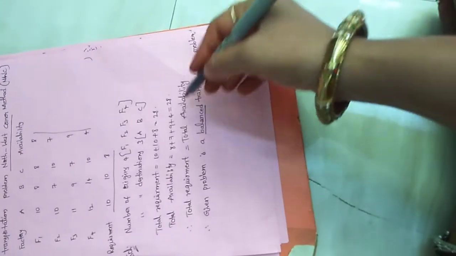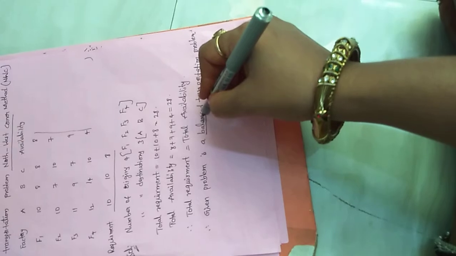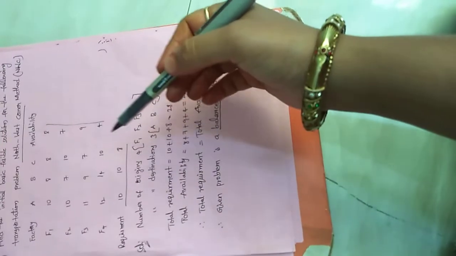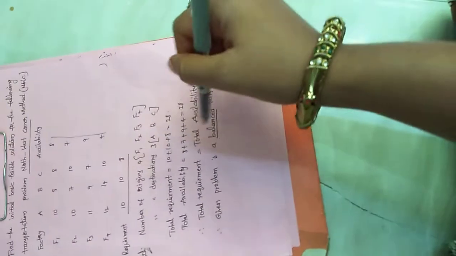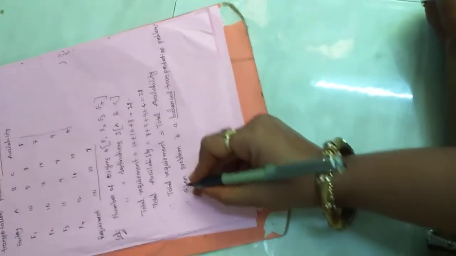If the given problem is an unbalanced transportation problem, then we apply a dummy row or dummy column. But in this case, we do not need a dummy row or dummy column.